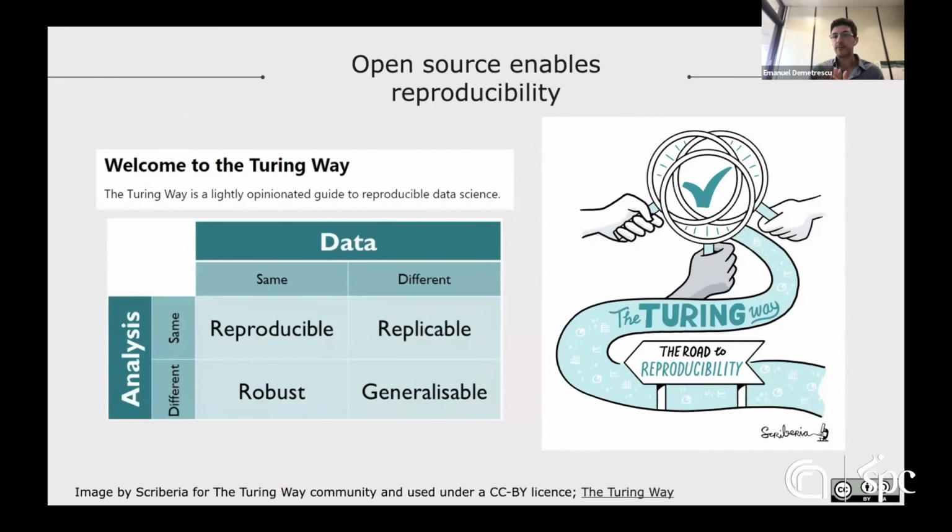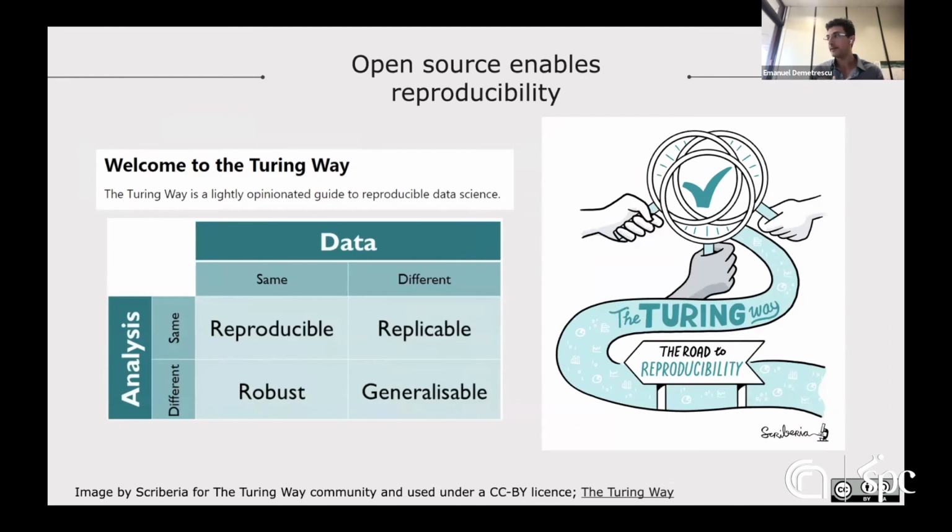Open source enables reproducibility, we say. So even from the analysis point of view, we have a more robust way to analyze data. We are able to replicate what others have done, and we allow others to replicate our work from a scientific point of view, making all the workflow transparent.